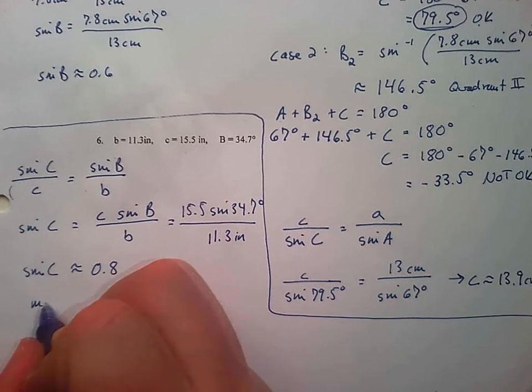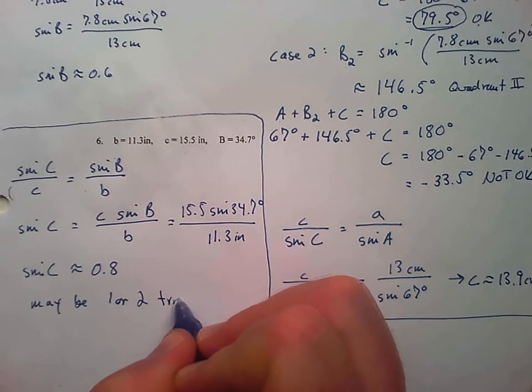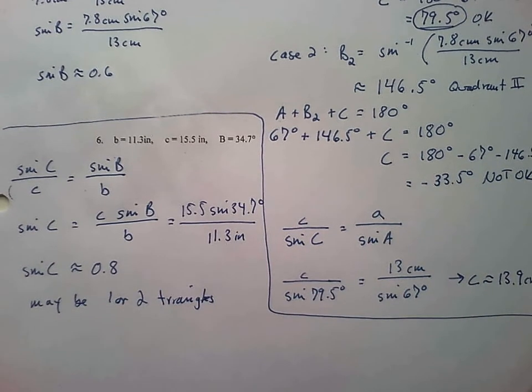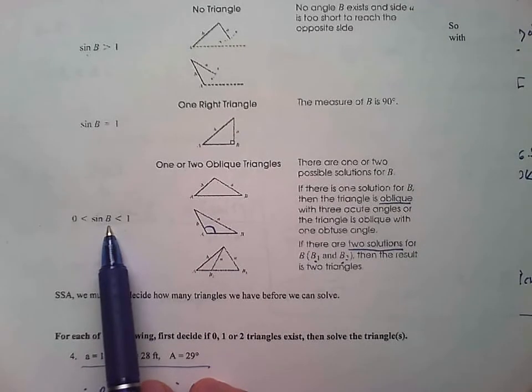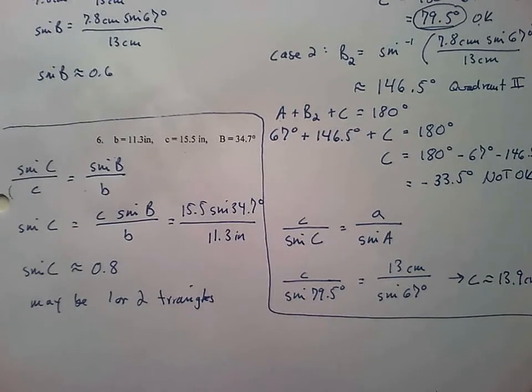So again, there may be one or two triangles, since we are, again, in this case right here. We have one or two oblique triangles. So let's figure it out.